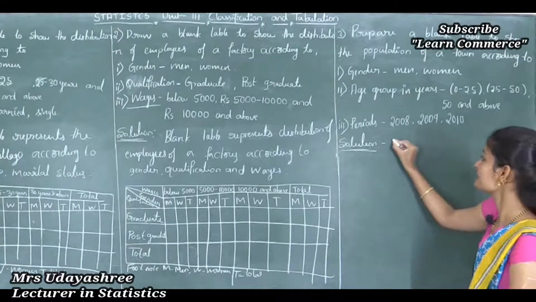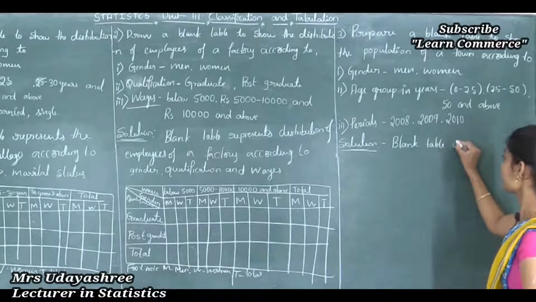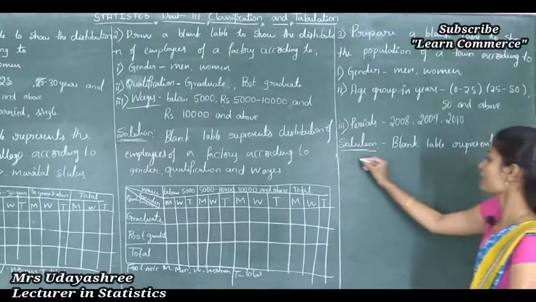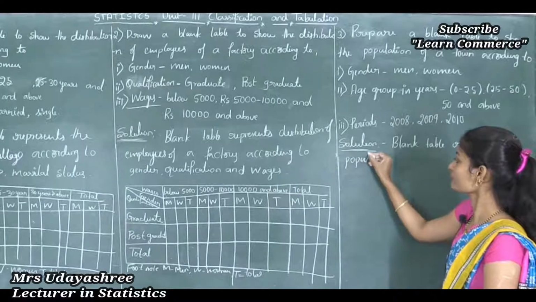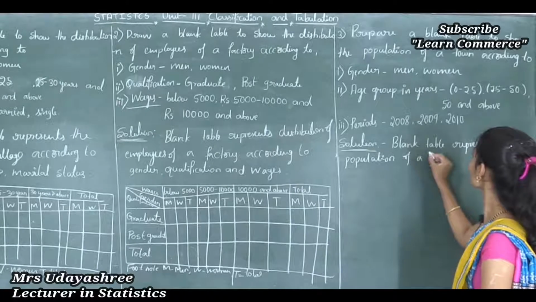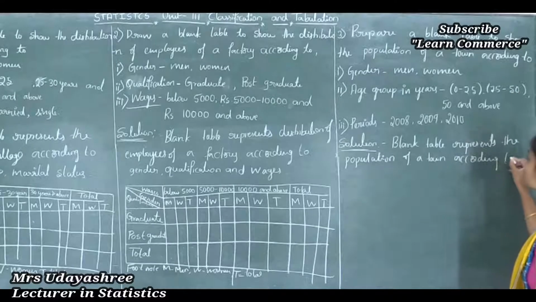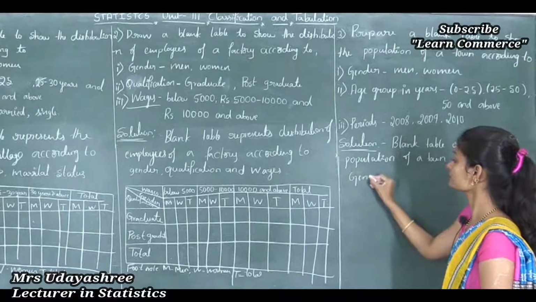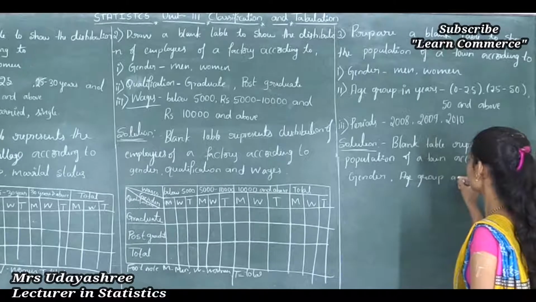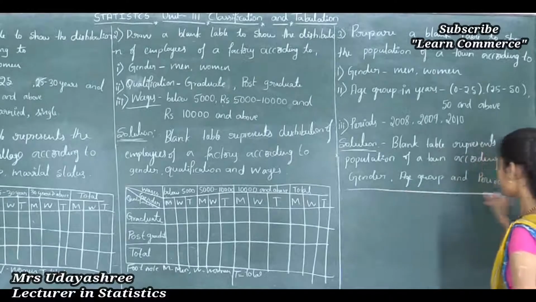So therefore the title is like this: blank table represents the population of a town according to gender, age group and periods. Now I will prepare a table like this.